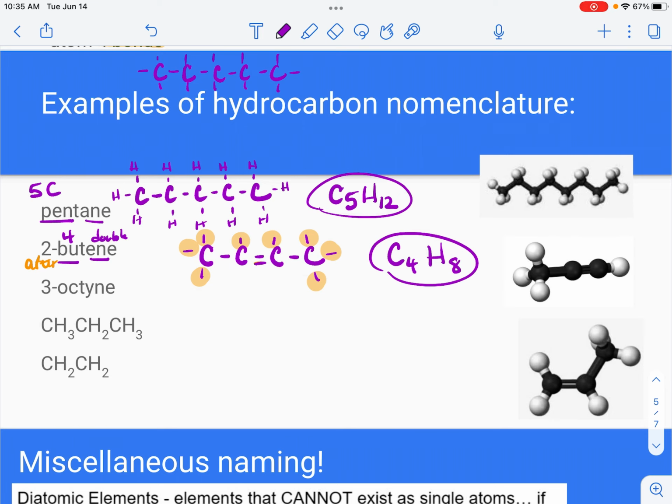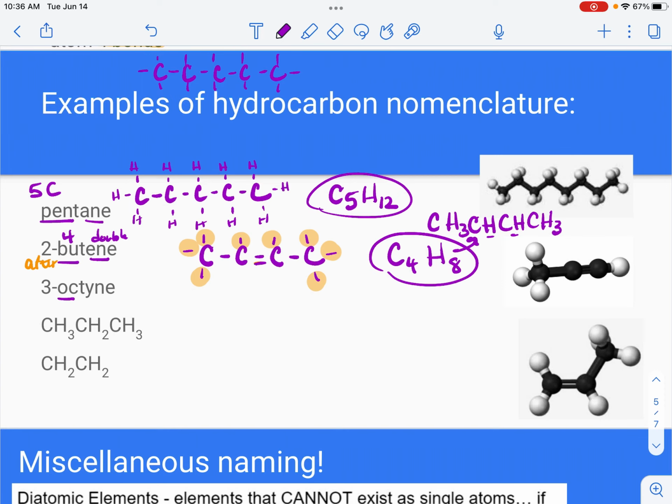And this would be 2-butene. If you needed to show where the double bond was, you could also write it as CH3, CH, CH, CH3, and this would tell you where the double bond was, because you would be able to tell where the single hydrogens were, so there must be a double bond in there. So just be aware that these are different ways that we could notate this.